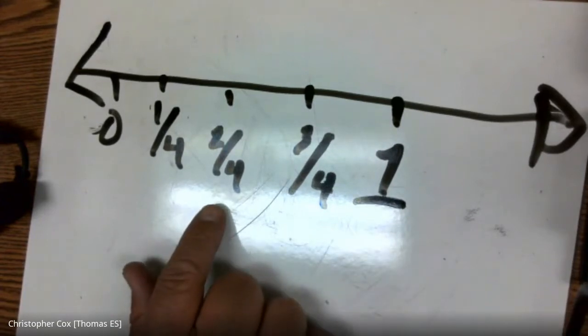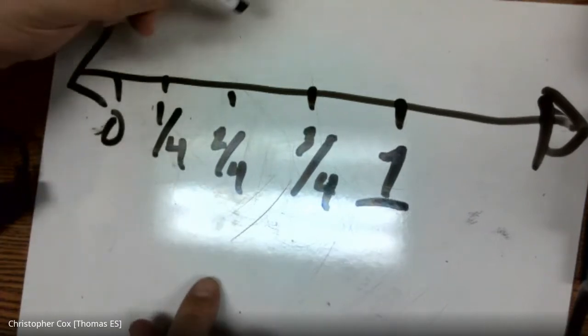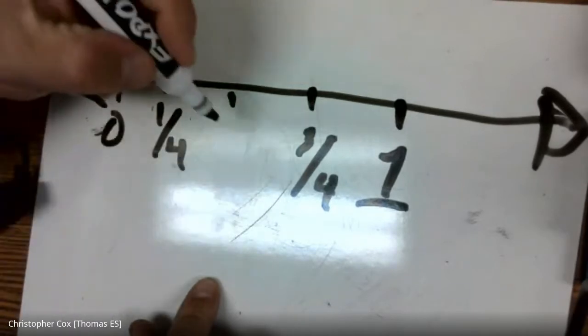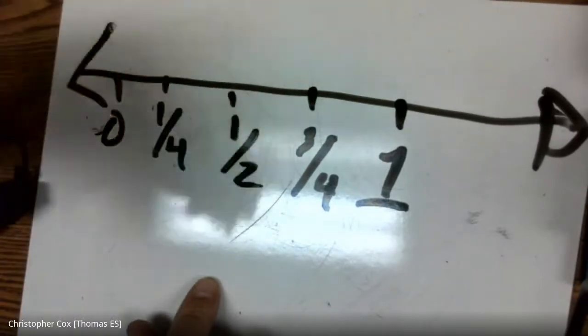Right here, they may not write 2/4. When we're counting by fourths, we want them to be the same, but they give us a change. So here at 2/4, instead they'll write 1/2.